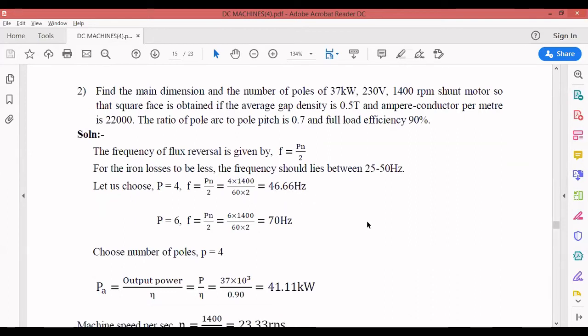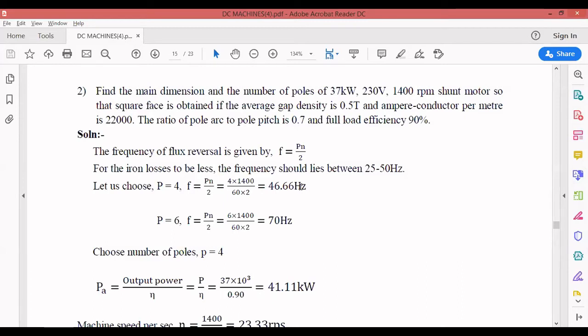If you take P is equal to 4, let us also take P is equal to 6. If I take P is equal to 6, F is equal to Pn by 2, once again 6 into 1400 divided by 60 into 2. Then what you get is 70 hertz. But the frequency should be within the range of 25 to 50 hertz, so I can't take P is equal to 6. I can take P is equal to 4, because it lies between 25 to 50 hertz.